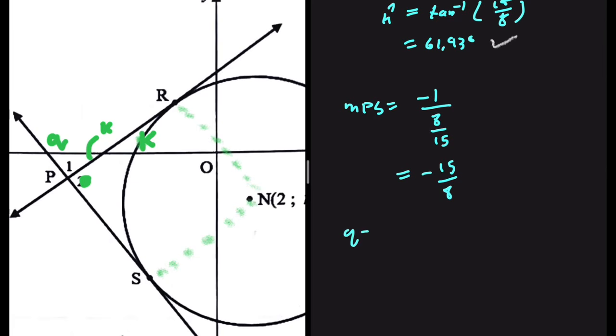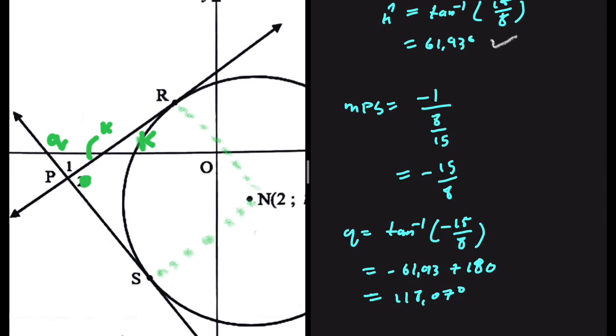So angle Q will be equal to tan inverse of -15 divided by 8. This is -61.93. If we have a negative, we can just simply add 180 to find the angle of inclination. We're going to get 118.07 degrees. So now we have Q.